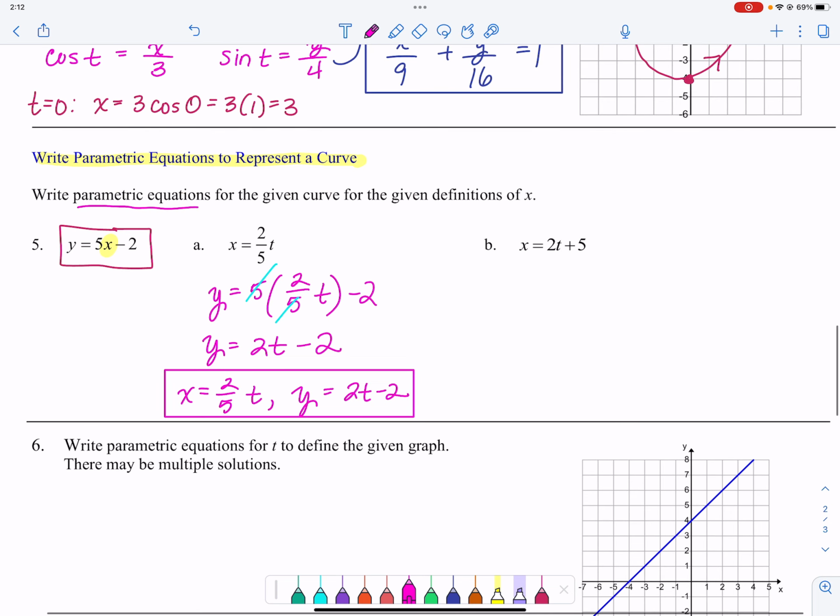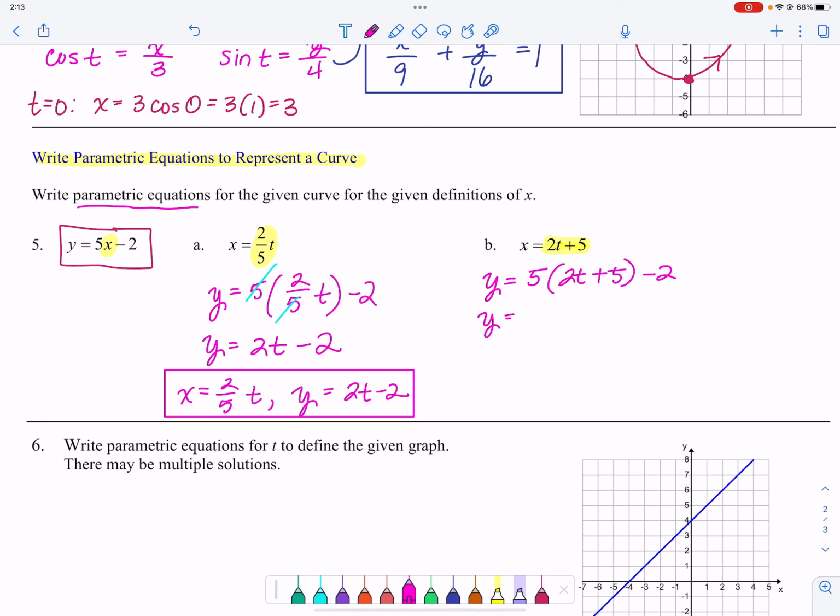Let's try another one. We are going to substitute 2t plus 5 in for x. So we have y equals 5 times 2t plus 5. And don't forget about that. 2t plus 5. And then we have a minus 2.